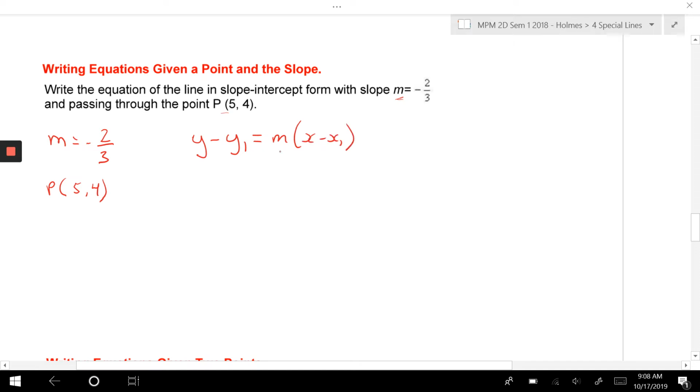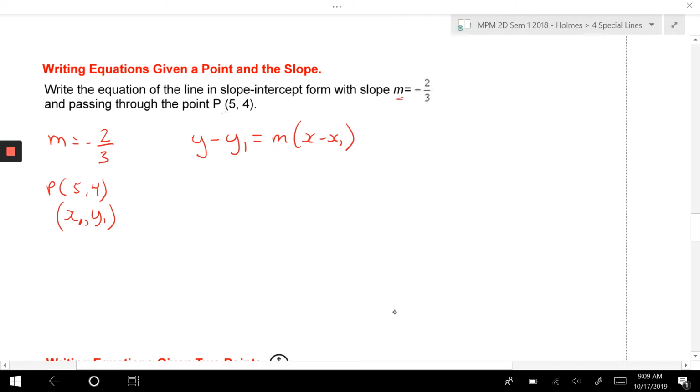This is known as the slope-point form, and I want to use that because I am given a slope and I'm given a point. So my point 5, 4 gives me my x1 and my y1. That's what the x1 and y1 are in this equation.